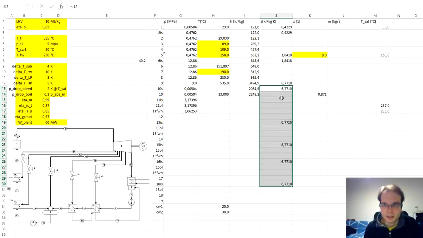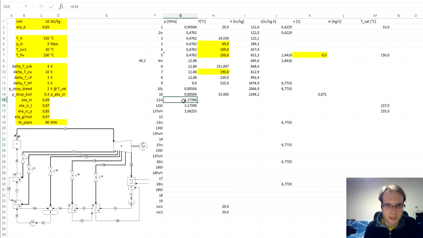So of course we have constant entropies. Now point 11 IS, we have pressure, and we have this entropy from the point 9, and based on pressure and entropy we can obtain enthalpy.